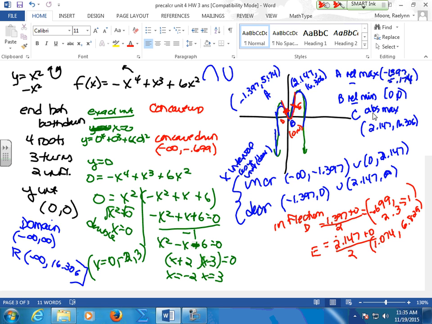Good. Then I changed my mind and I decided to concave up from here to here. So negative 0.699 to 1.074. Then I decided to cave down. From where? Good, 1.074 to infinity.